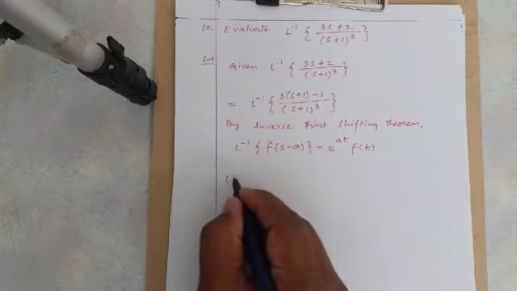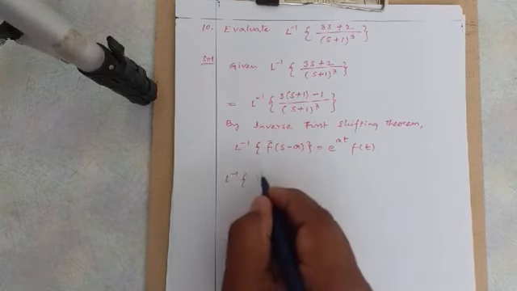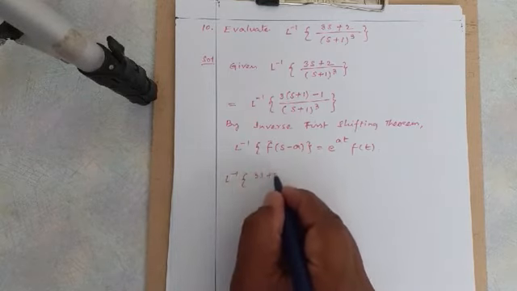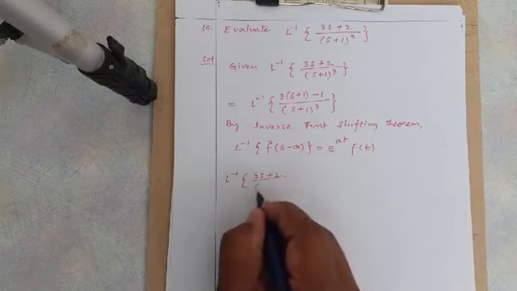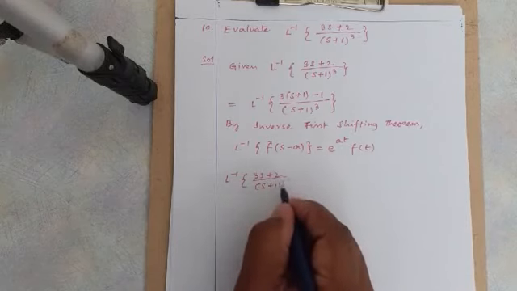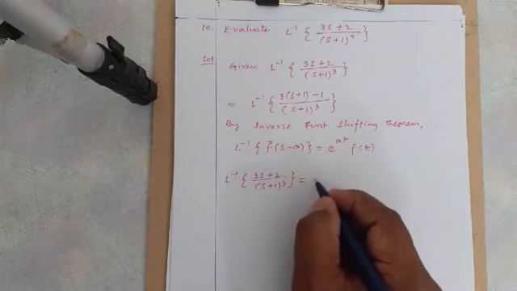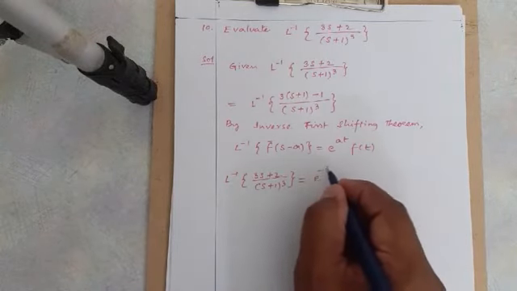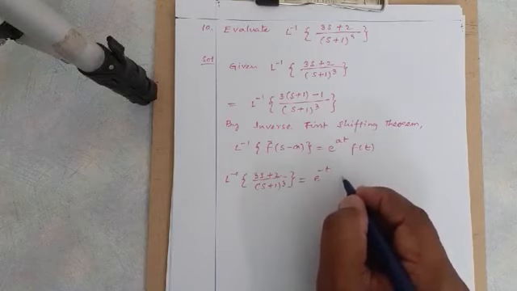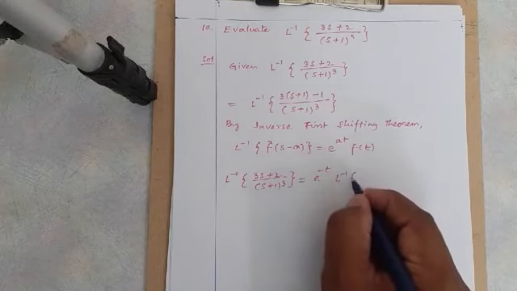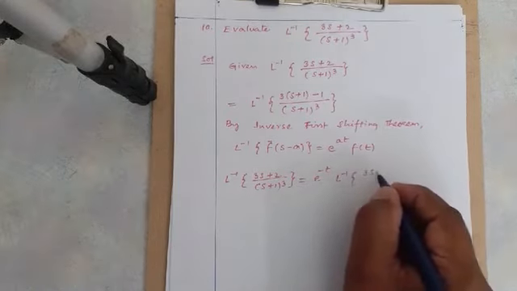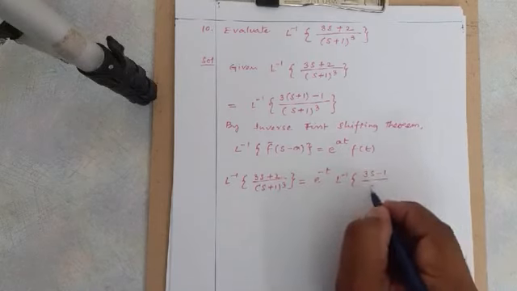So let us write that L inverse of 3s plus 2 upon s plus 1 whole cube is equal to, I can write this as e power minus t, L inverse of 3s minus 1 upon s cube.